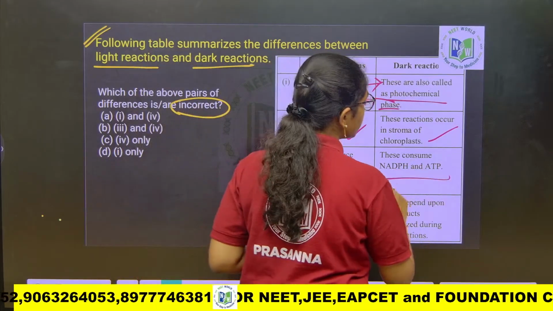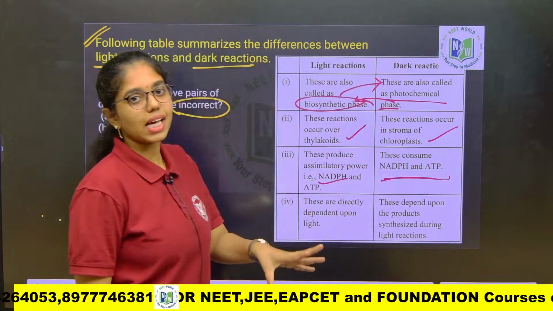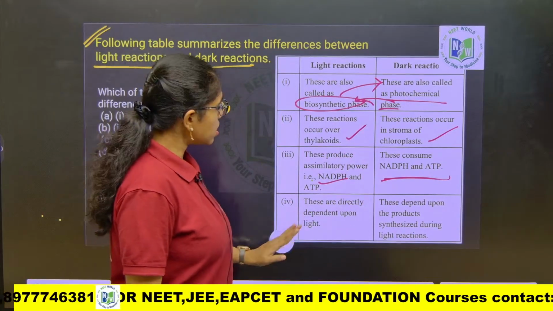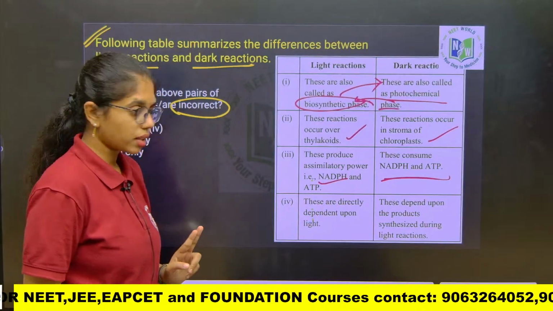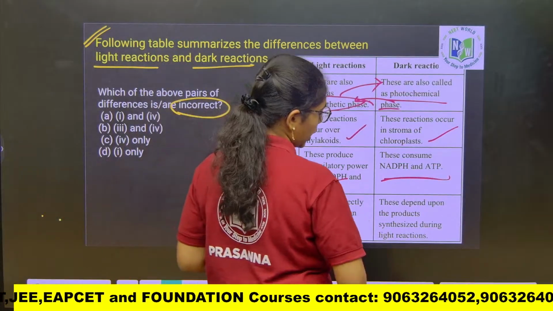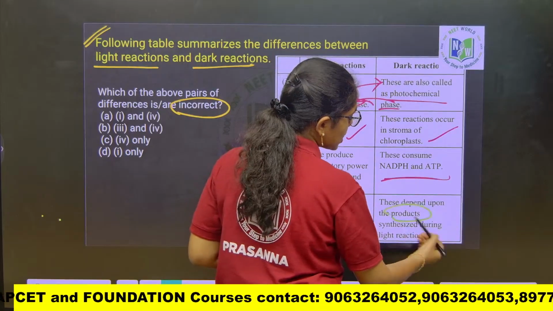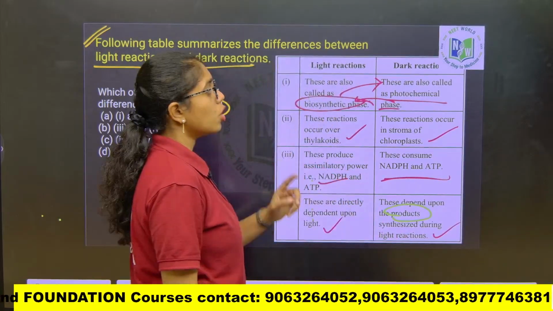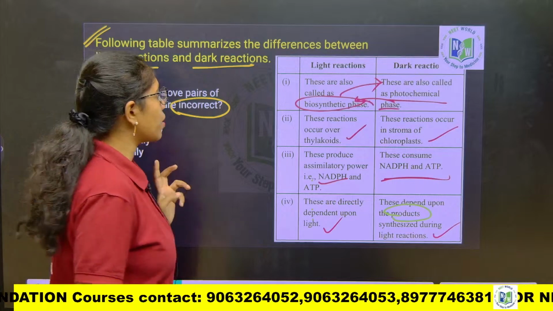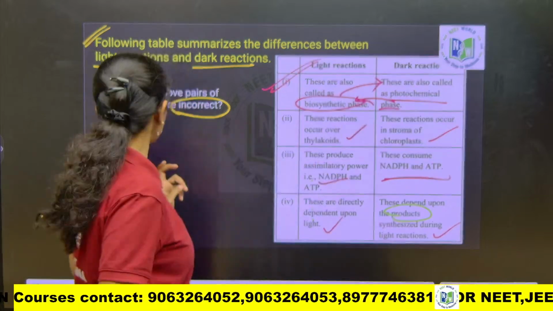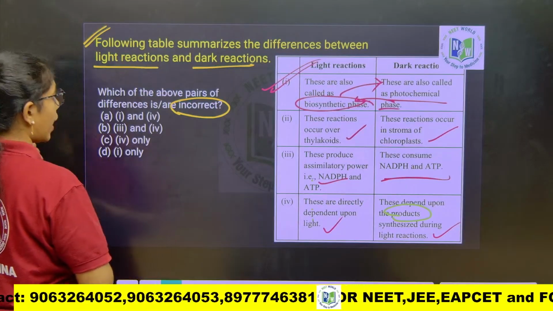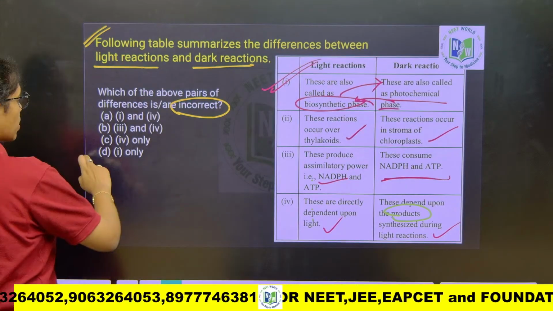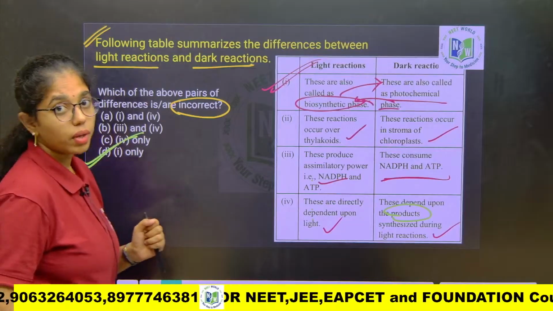This consumes the NADPH and ATP to fix the carbon dioxide. These are directly dependent upon the light. Correct? These depend on the products that are synthesized from light reaction. So, the only incorrect statement is the first statement, that is option D. Option D will be the correct option.